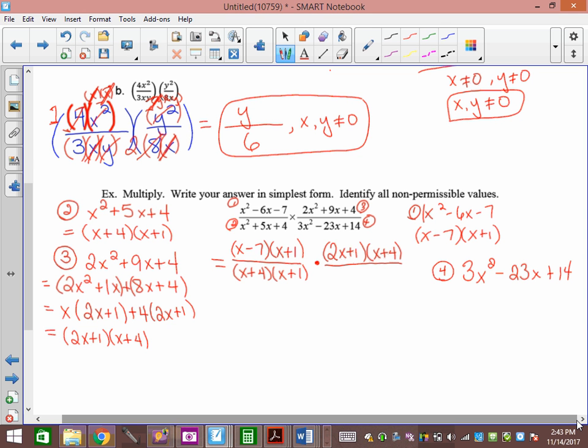Okay, yep, I agree. 3x squared minus 2x minus 21x plus 14. So in the first bracket, I can take out an x. In the back bracket, I can take out a negative 7.